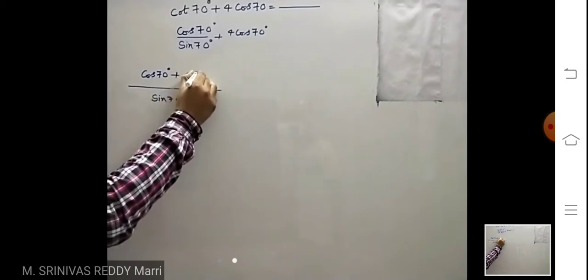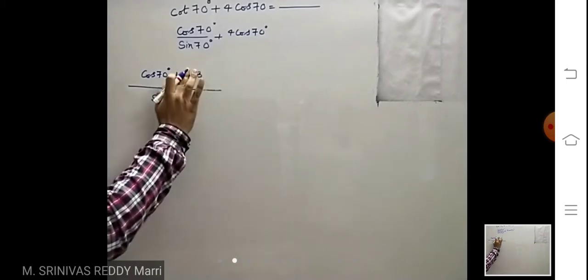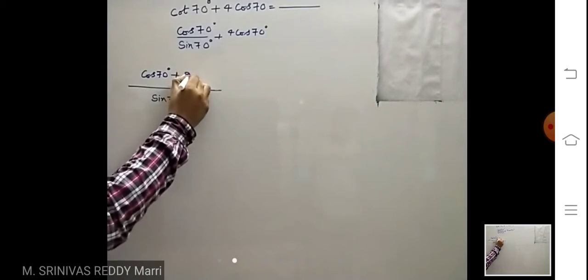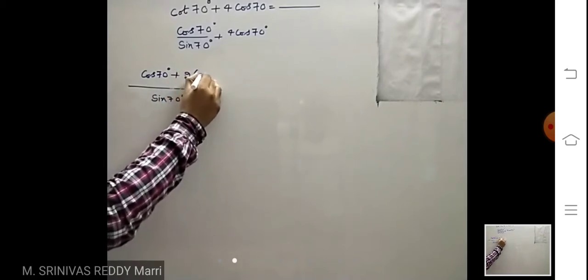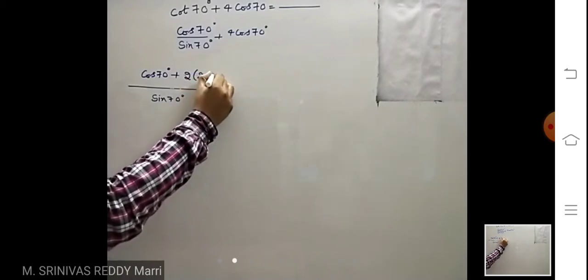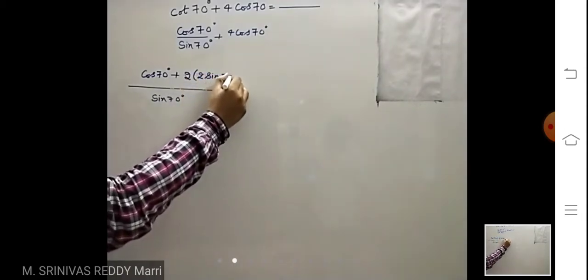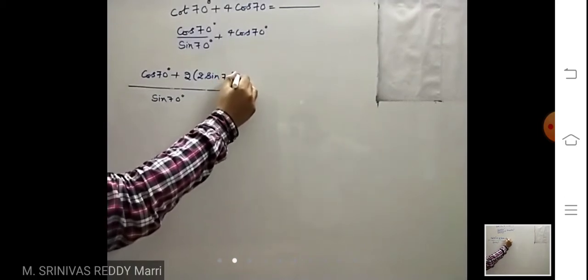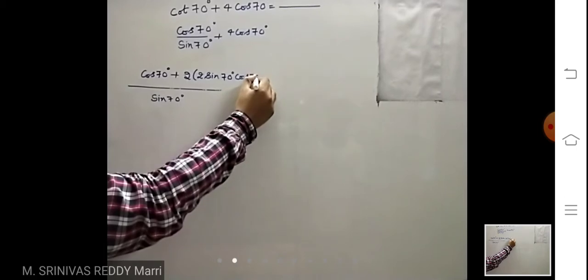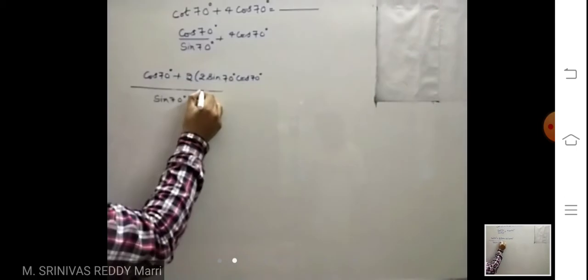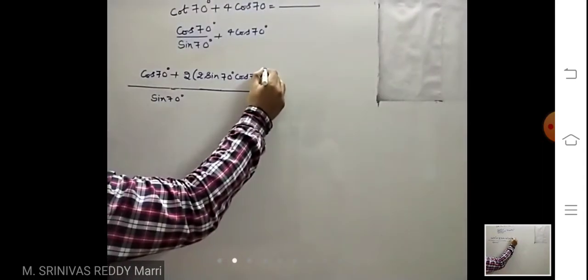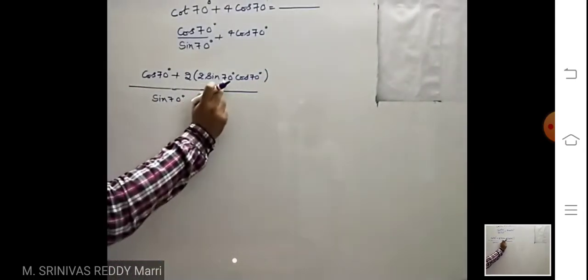So 4 sine cos, product is there, I am writing 2 into 2 sine 70 degree cos 70 degree. So now this is a product.